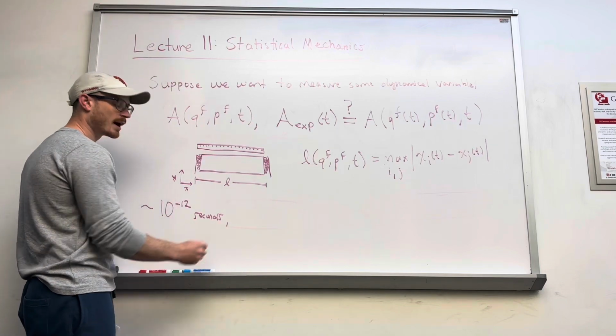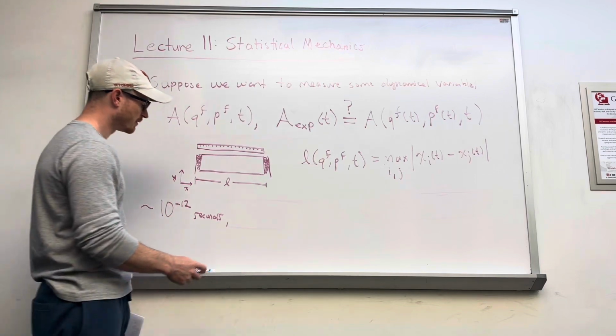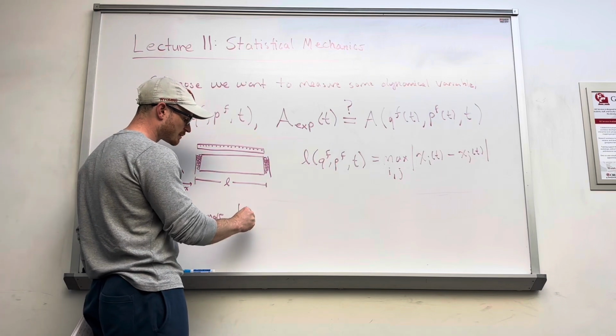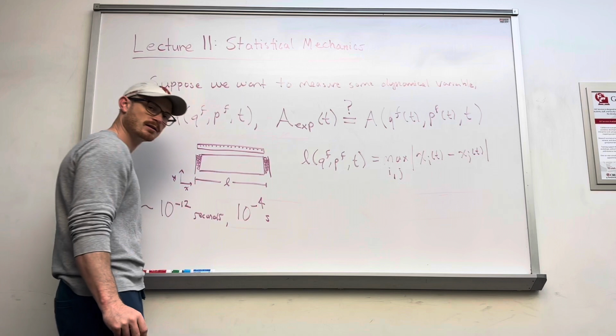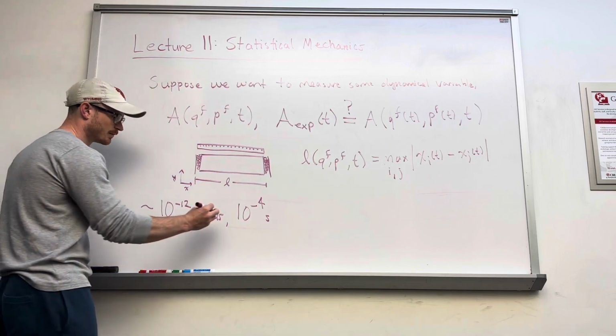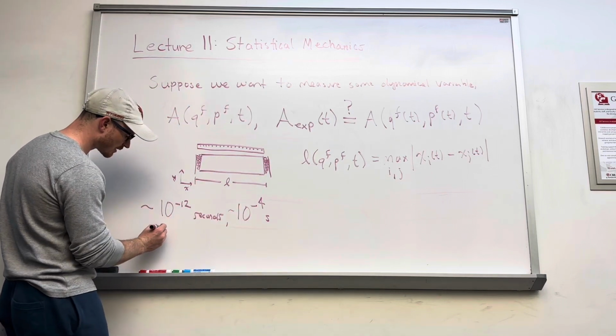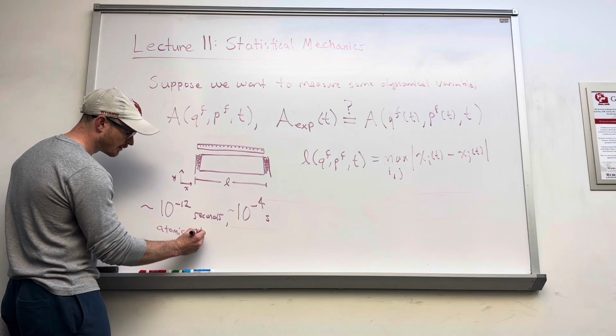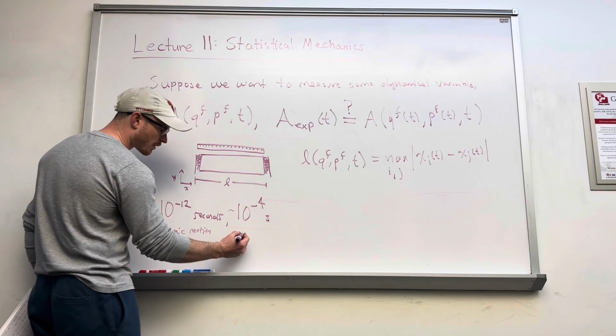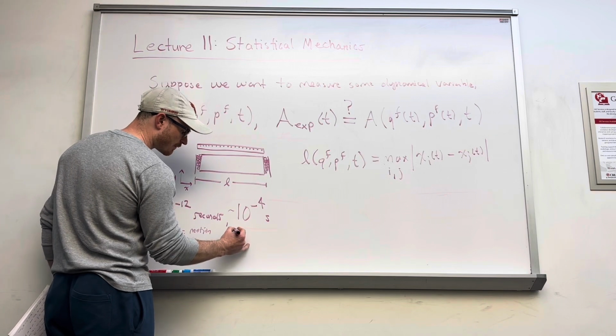The amount of time that a picture can resolve, even an advanced picture, is around 10 to the minus 4 seconds. So this is for atomic motion, 10 to the minus 12, and this is for, let's say, a photo measurement.